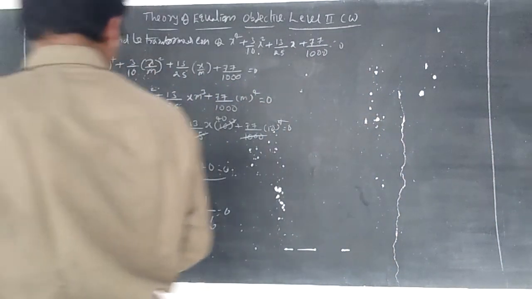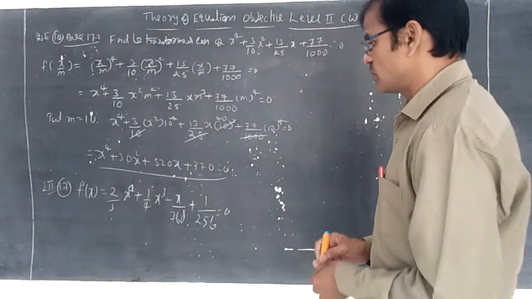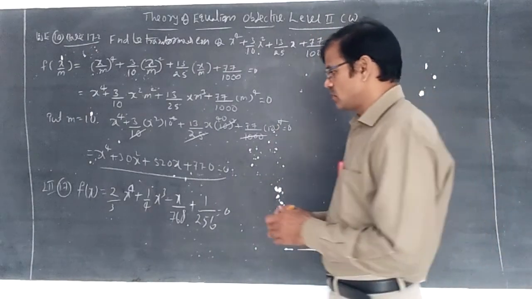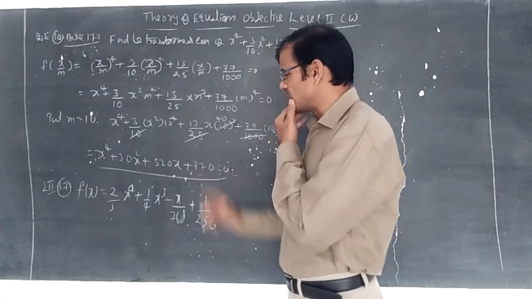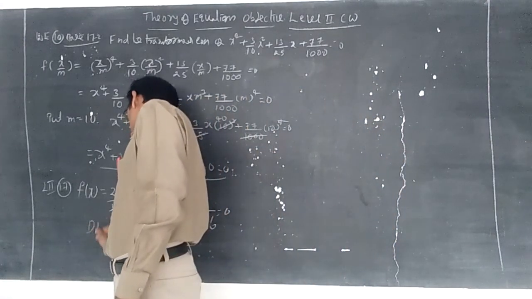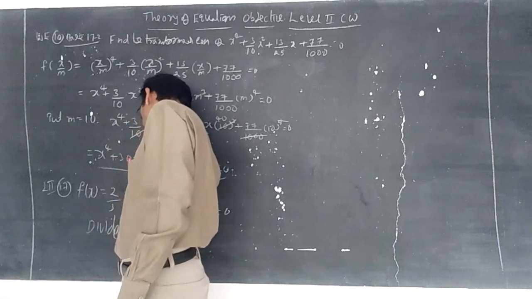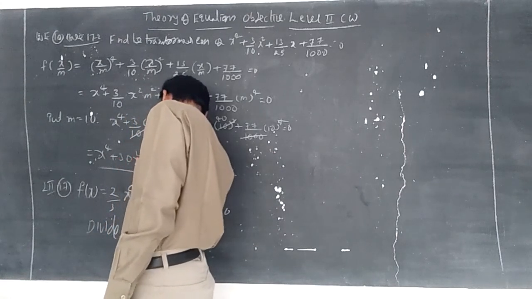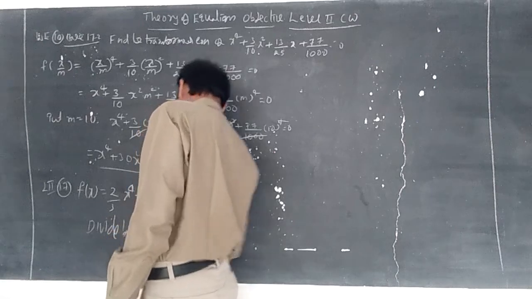So in a similar way you put f of x by m. Before putting x by m, it is better to take that 2 by 3. So otherwise, divide by 2 by 3 first of all. Divide by 2 by 3 both sides.